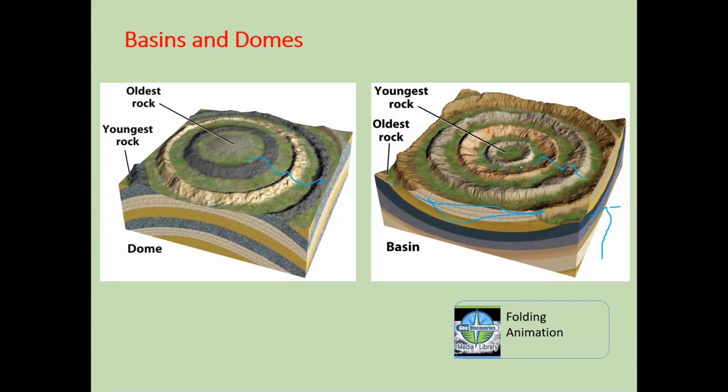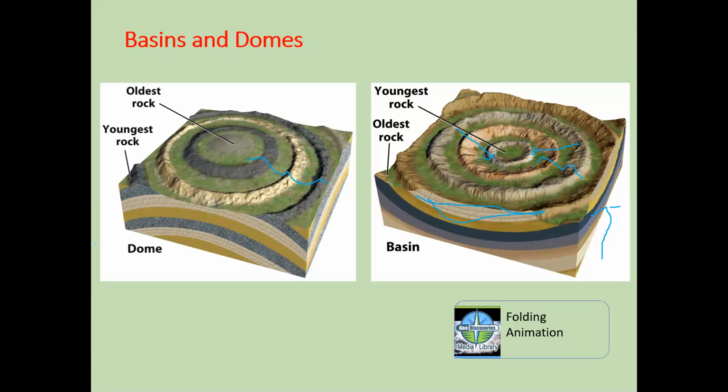So the younger rocks are going to be in the middle of a basin. So if the younger rocks are in the middle of a basin, we know that is a syncline. Also, if we're standing in the middle of this, those rocks are going to be tilted toward us. Do you see that? So they would be tilted this way, tilted toward you. That is a syncline.